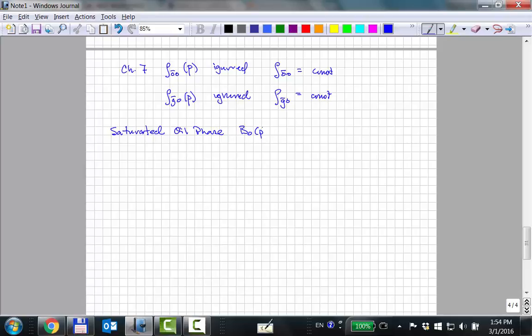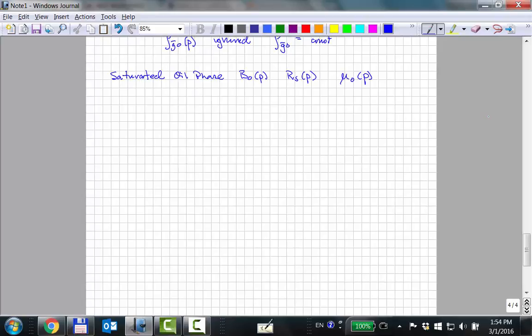BO, RS, and we also talked about how that varies. We talked about the fact that BO and RS vary kind of linearly, maybe non-linearly with pressure, but in the same shape. So BO and RS are proportional with each other.